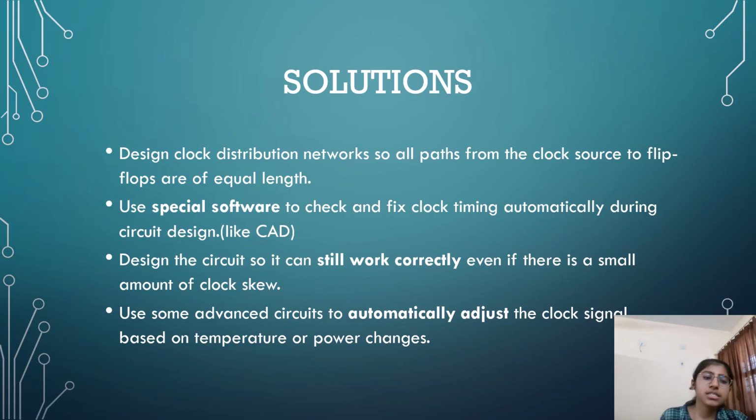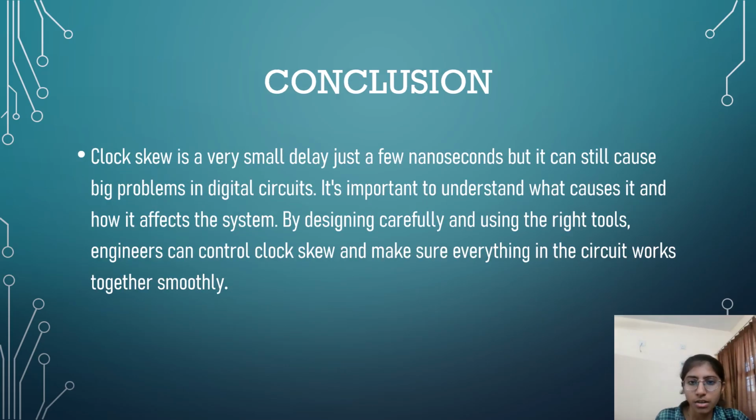And the last one is to use some advanced circuits to automatically adjust the clock signals based on temperature and power changes. So the last one is useful for the fourth type of clock skew, that is dynamic clock skew. Further, we have the conclusion of our topic.